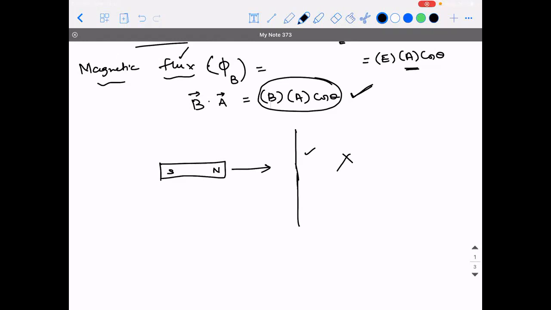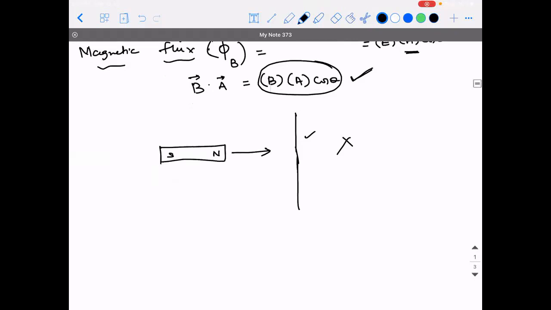It is the amount of field lines passing through a given area. When can area be formed? Only when it is two-dimensional. Means it should be a coil or something. It should be a closed surface to be more specific. So when you talk about the closed surface, area will come into picture and flux will come into picture. And from there only the phenomenon of this kind of induction comes into picture.